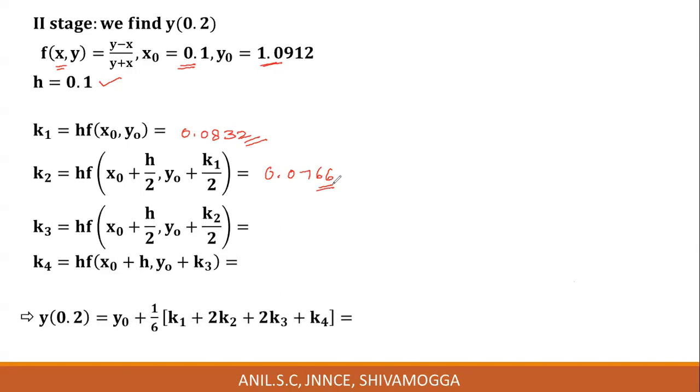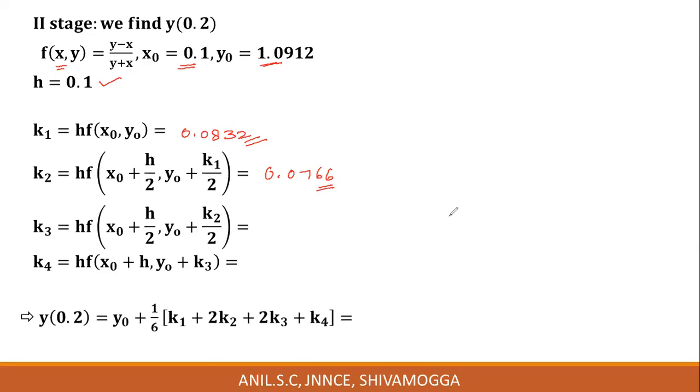Now we find K3. K2 is 0.0766. K3 is 0.0766.